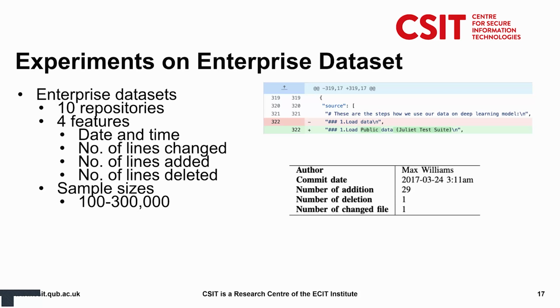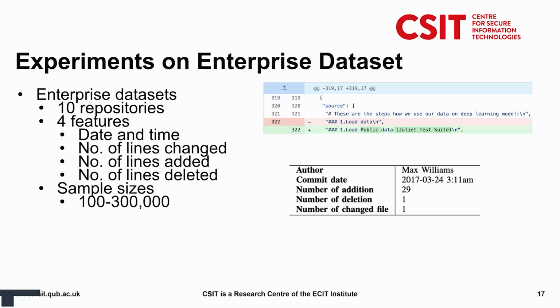Our main focus is the commits from those repositories. If you're wondering what a commit looks like, you can see here. The line in red means the content has been deleted, and the line in green means the content has been added. So that's what a commit looks like.